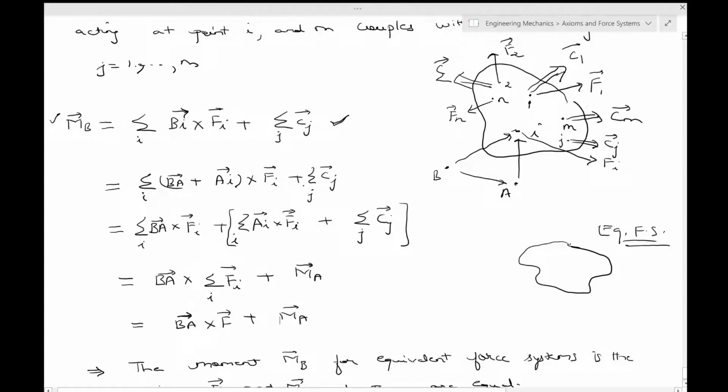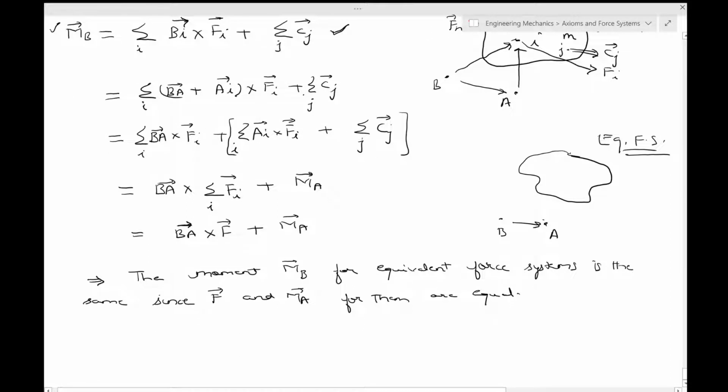The reason for that is the vector BA, for example, will still remain at the same place, right? The vector BA will remain over here, and MA is anyways about the point A. So that's why the moment MB for equivalent force systems is the same, since F and MA for them are equal.